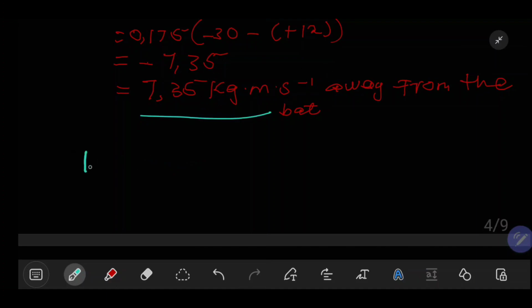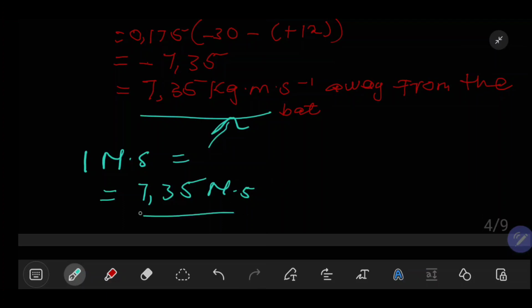Remember we said 1 newton second is equal to 1 kg meter per second. So even if someone writes the answer this way, newton second, I'm sorry, this is a small s for second, this is still correct.